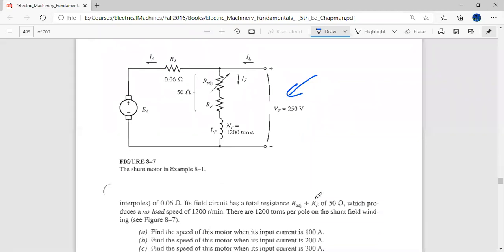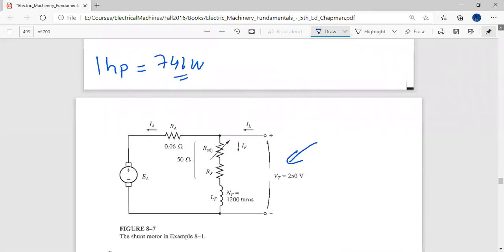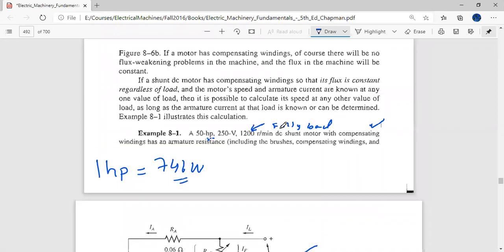Its field circuit has a total resistance, that means R adjustable and RF together, equal to 50 ohm, which produces a no load speed of 1200 RPM. So in this question, they have specified that this is not the fully loaded speed, it is a no load speed.